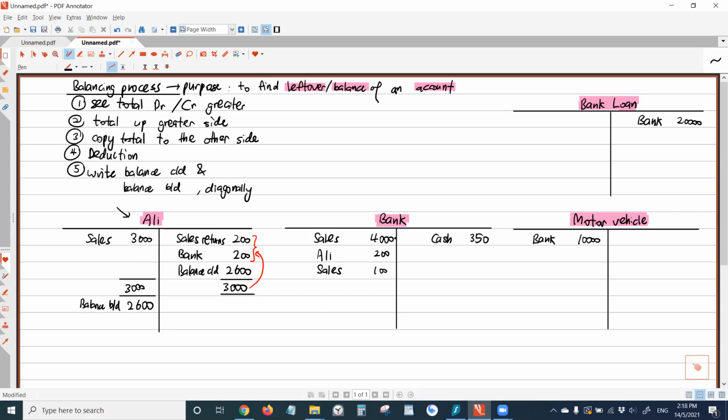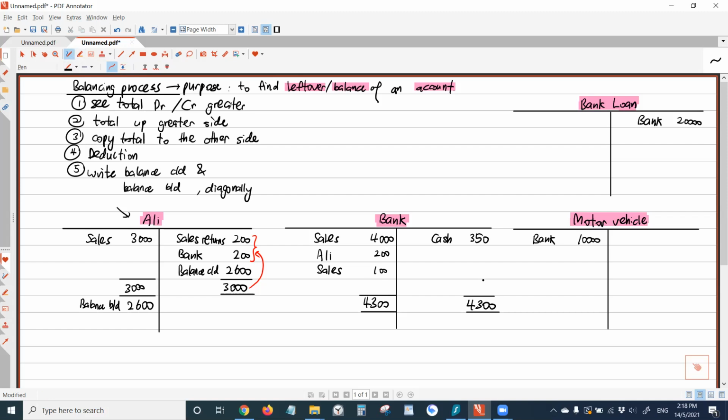Next example, the bank account. Do the same thing. Begin by drawing the lines for the total row. They must be on the same level. Now the debit side very obviously is bigger. So 400 plus 200 plus 100. That's the second step: you total up the greater side. So 4,300. Copy this total to the other side, which is the third step.